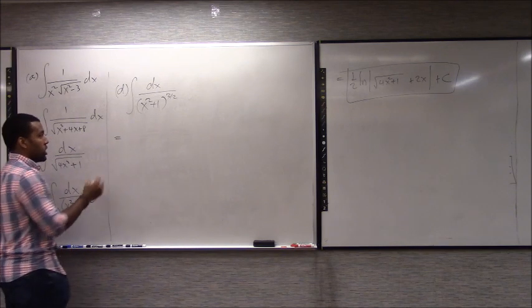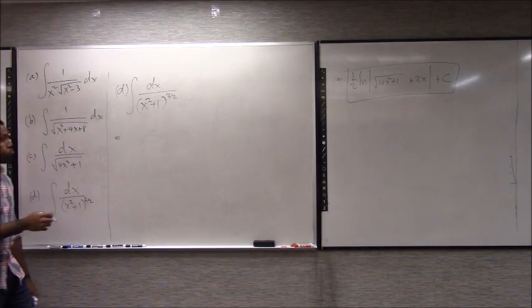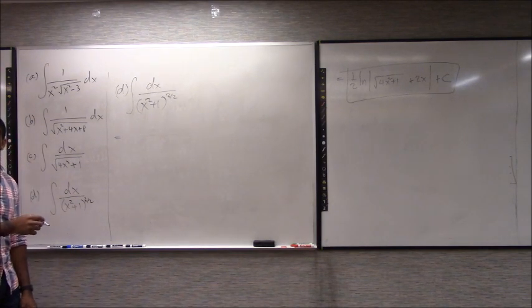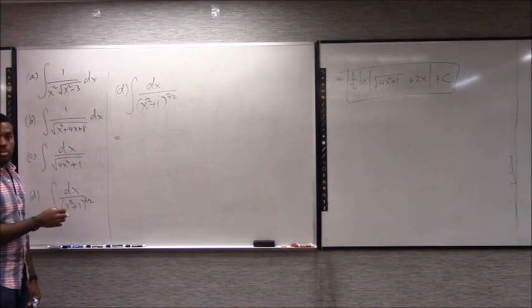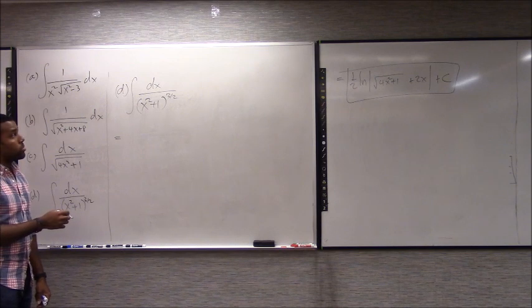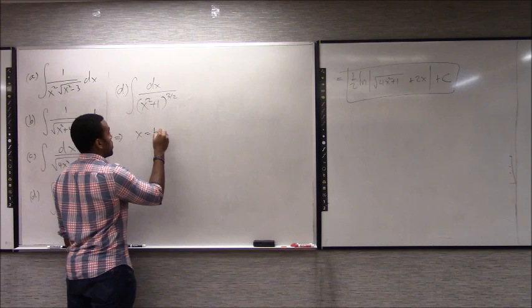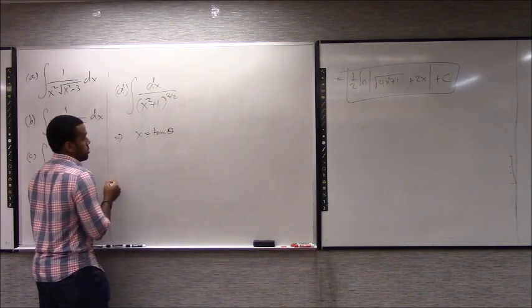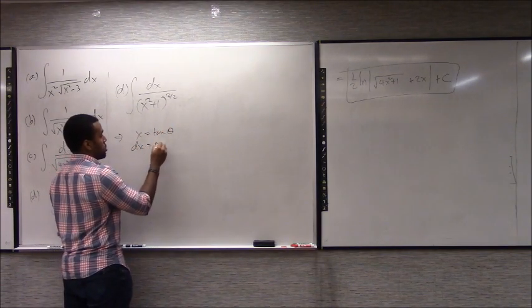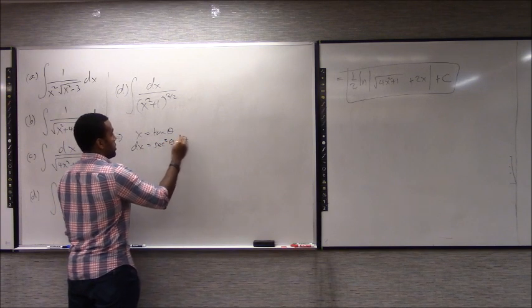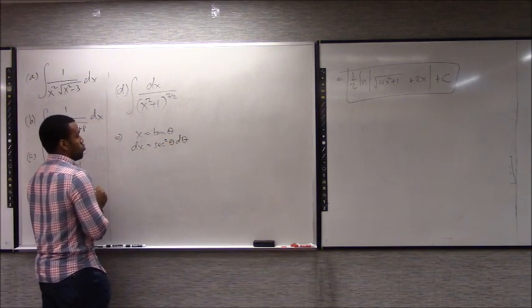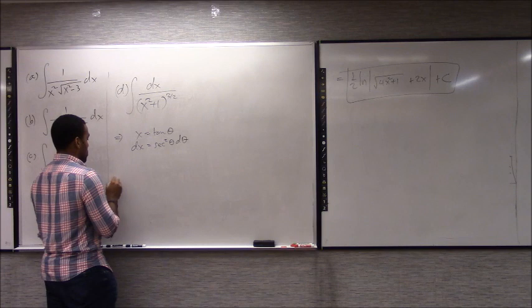You tried it, tell me what you tried. Yeah? x equals tan theta. Makes sense? Your dx would be secant squared theta d theta. And you just go and plug that in.